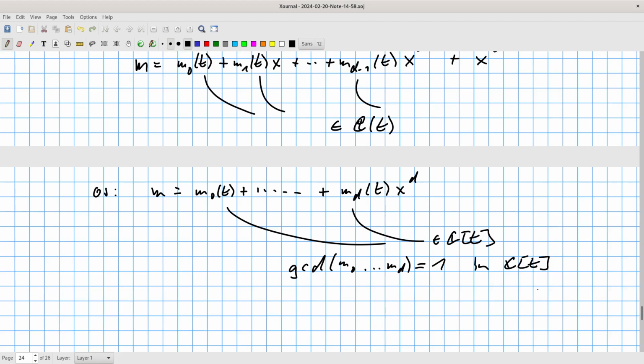And of course this is not the zero polynomial.